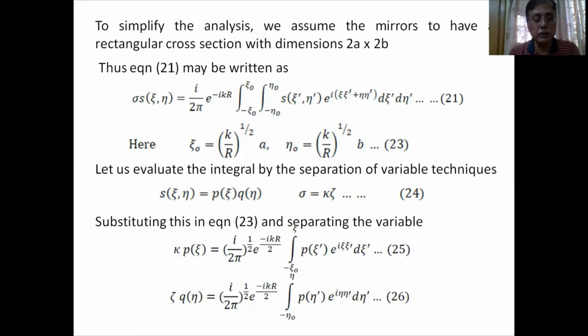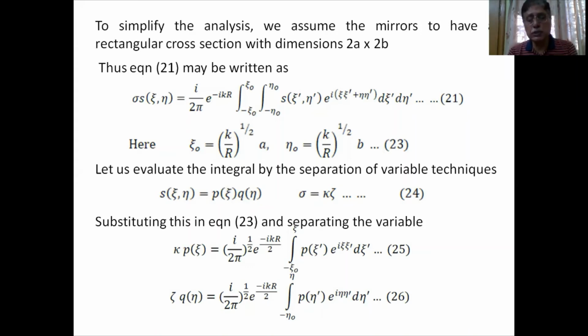Kappa p xi is equal to I by twice pi power half exponential minus I kr by 2 integral minus xi naught to xi naught p xi dash exponential I xi dash d xi dash, and tau q eta is equal to I by twice pi power half exponential minus I kr by 2 integral minus eta naught to eta naught p eta dash exponential I eta dash d eta dash.